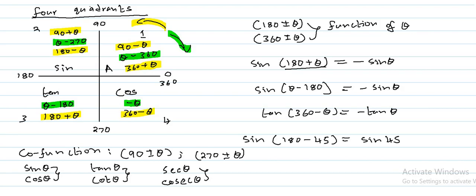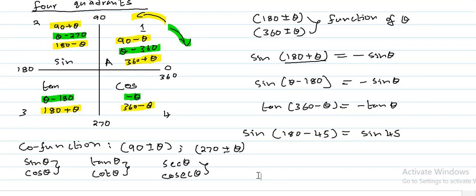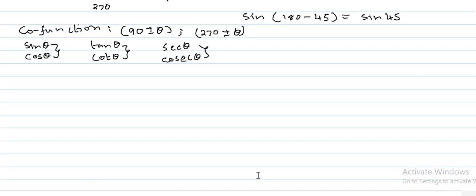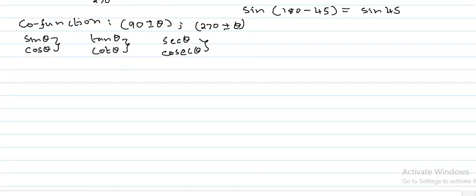For example, in terms of cofunctions, when you are given the cos of 90 minus theta, when you see 90, what must come to mind is cofunction.